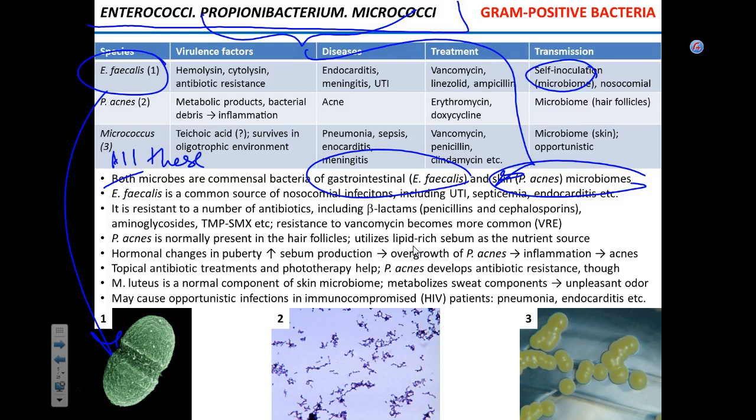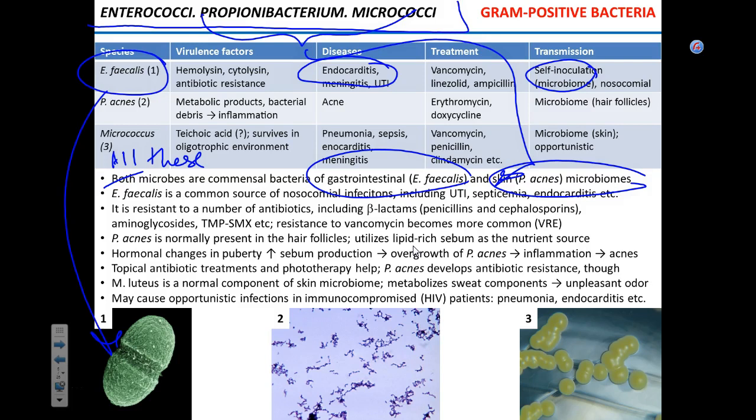Does that make sense? Then those same patients started to shed vancomycin-resistant Enterococcus. It ended up in the hospital environment, and when it's transmitted to other folks, it can cause a variety of infections in sterile sites, such as endocarditis, meningitis, or urinary tract infection.